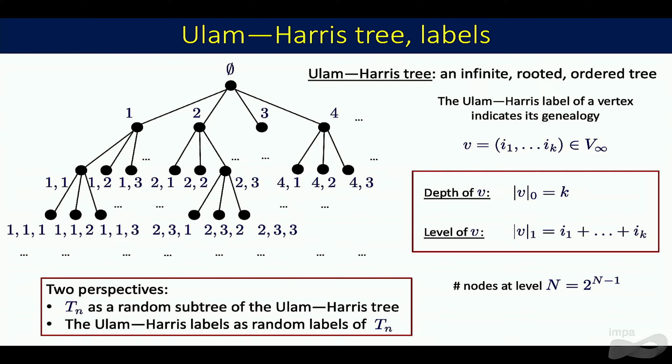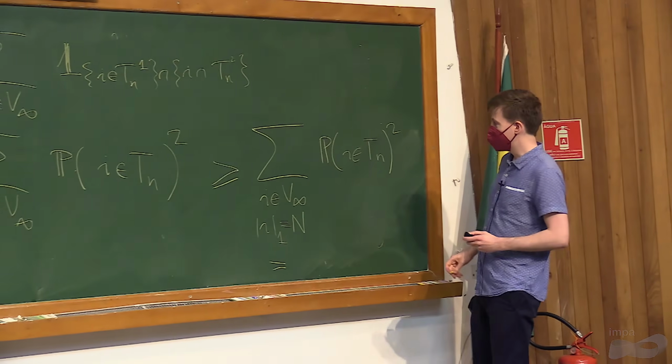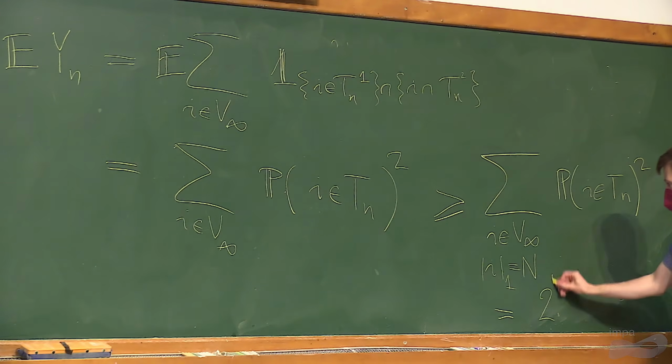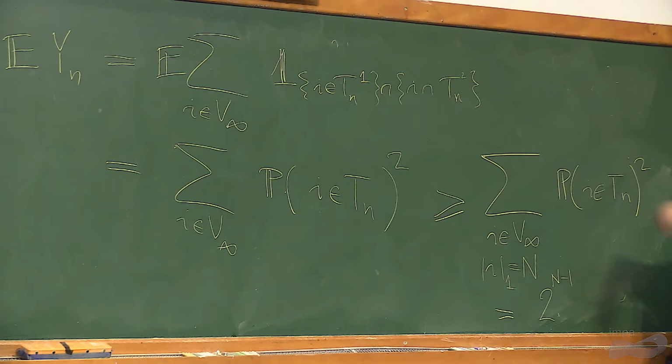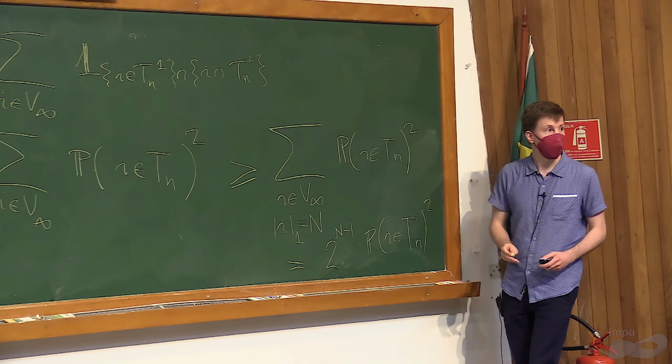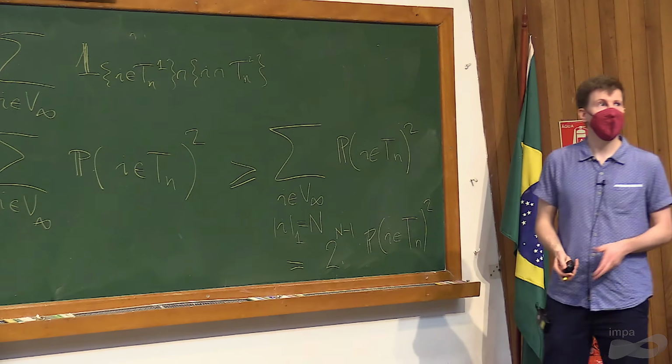Okay? So in particular, what this means is that for nodes at a particular level, all of these probabilities are the same. So this is just 2 to the N minus 1 by that comment over there times the probability that this node is in the tree at time n, squared. Okay? Any questions?